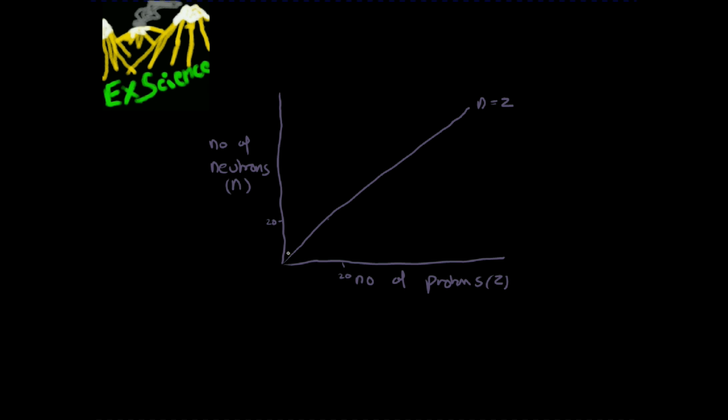Now, if I put a dot for every single isotope that's ever been described by science, what we can see is that as we get heavier, we start to deviate away from this line of N equals Z, where the number of protons and the number of neutrons remains equal, and it kind of goes up. So the heavier elements have more neutrons in them.